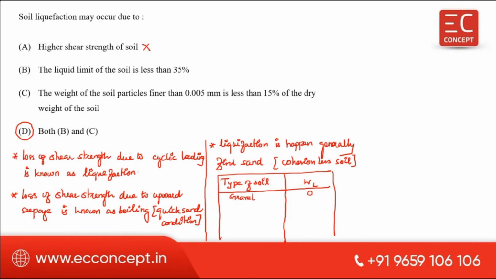For a sand, liquid limit is 0. For a silt, liquid limit is 30 percent to 40 percent. Then for a clay, for example, alluvial clay, the liquid limit is around 40 to 150 percent.